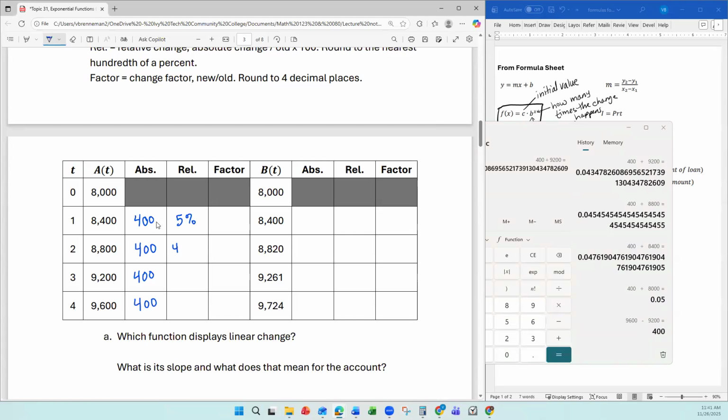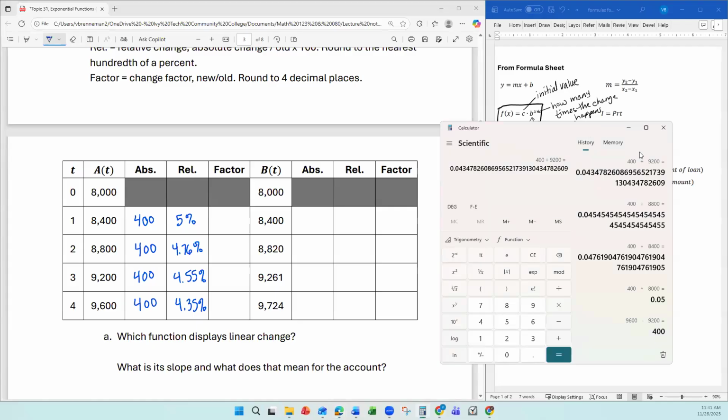Second year, it's 4.76%, then 4.55%, and then 4.35%. So that same $400 is being compared to a larger and larger amount, so it is becoming relatively smaller and less significant.